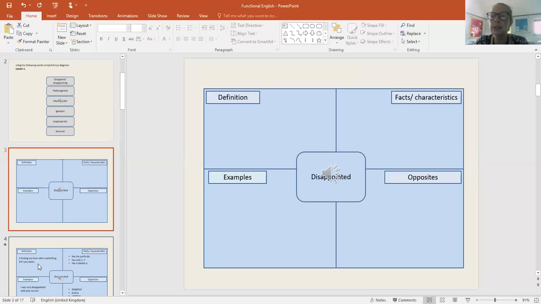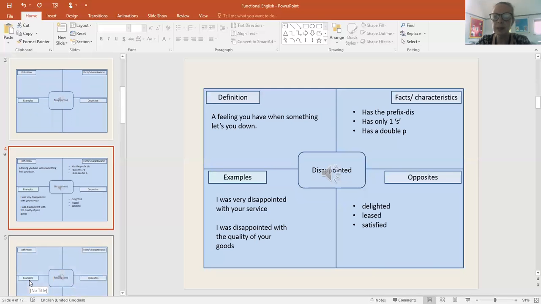So the more times that you use these words and you find out information about the words, then that is more likely to embed it in your long-term memory and make it part of your own vocabulary. Now, I filled in one of these diagrams myself, just to give you a little idea about what kind of things that you can put in there.